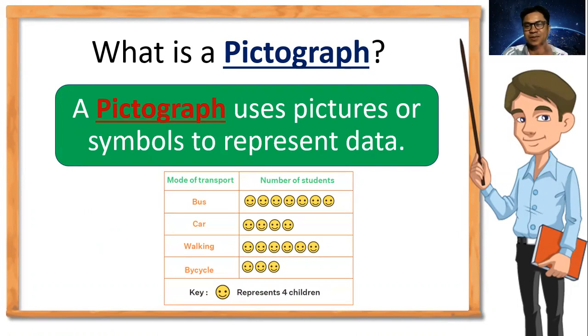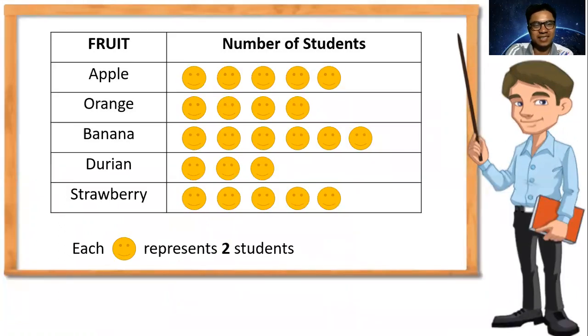To understand what it is all about, here are some examples about pictograph. You can see this table. The first column here are the fruits: apple, orange, banana, durian, strawberry.